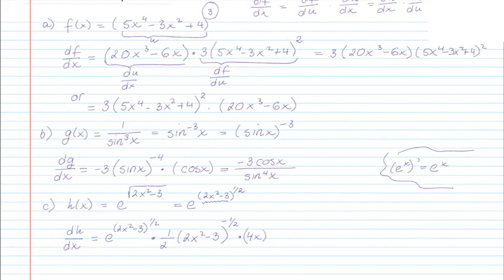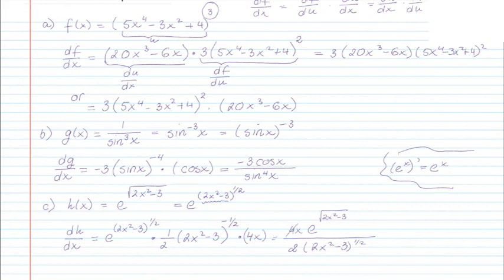So let me clean this up. Here I have a negative power, so that means I'm going to have a fraction, with something at the top and something at the bottom. At the top I have 4x, and I have e to the square root of 2x squared minus 3. That is this guy. And then divided by 2 times 2x squared minus 3 to the 1/2.